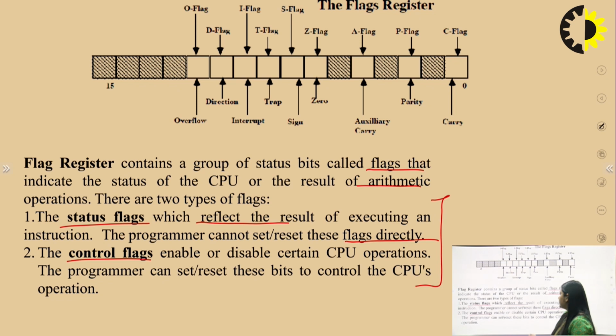The control flags can enable or disable certain CPU operations, and the programmer can set and reset these bits to control the CPU's operation. We can set them according to our convenience.